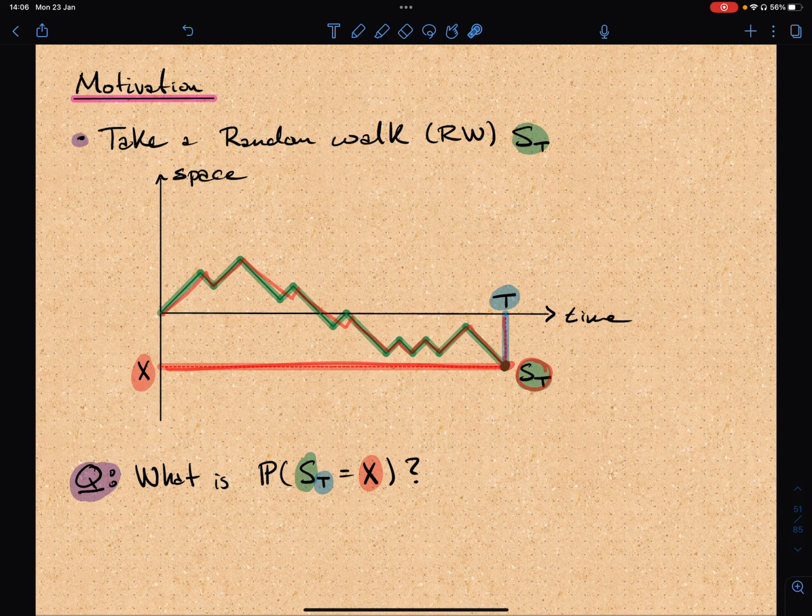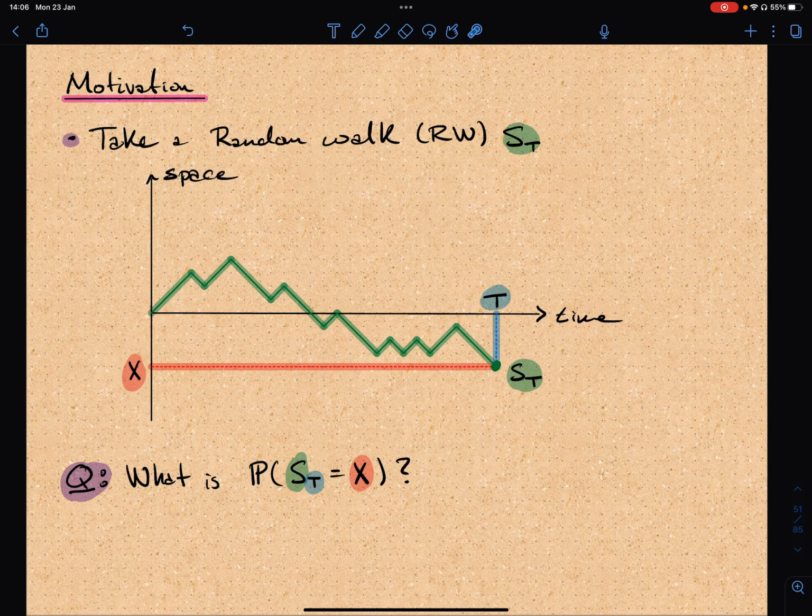So S of t is a random variable, which depending on its trajectory, could be somewhere else. There's some randomness; it's not deterministic, but it's a random process, some evolution of a random variable depending on time. The basic question that we want to answer for a random process like this is: what's the probability of finding your random walk at time t in location x? This is the very rough idea of what we want to compute.